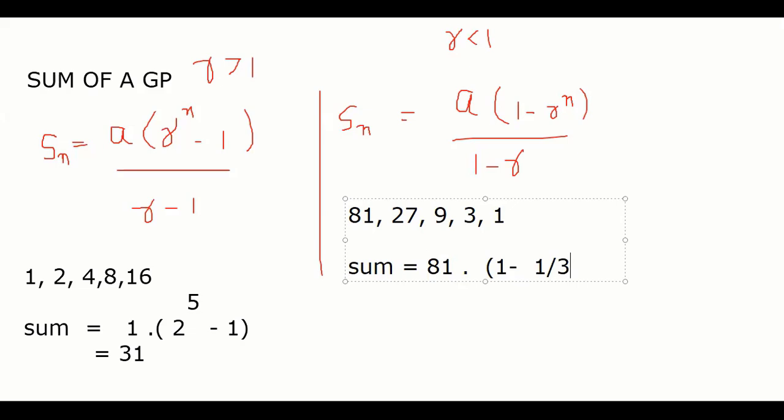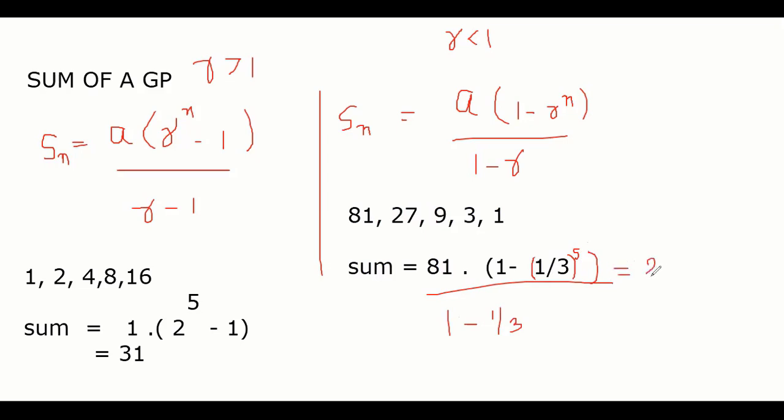R is 1 over 3. Everybody agree? R is 1 over 3, right?